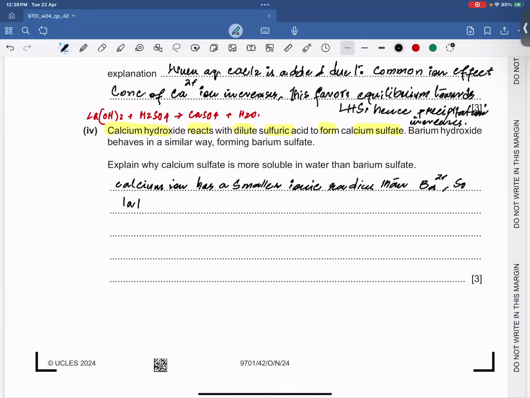So lattice energy and hydration enthalpy both increases. All right. Not increases, both decreases down the group. Or down the trend.